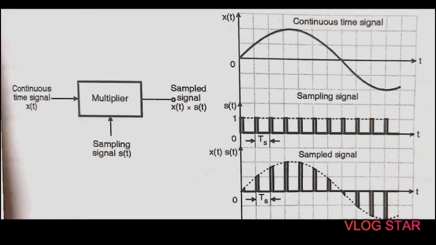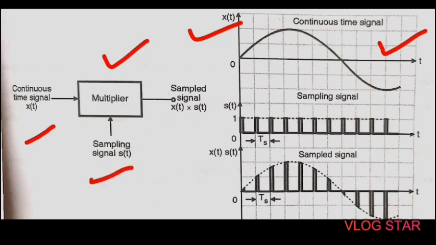The sampling process is the process of converting a continuous time signal to an equivalent discrete time signal. Here the continuous time signal is x of t as shown in this figure, and on the x-axis the time parameter is there. The input x of t is applied to the multiplier, and the other input to the multiplier is a train of pulses.